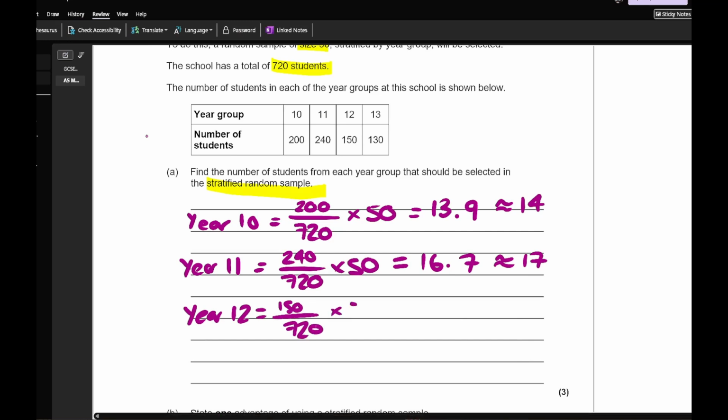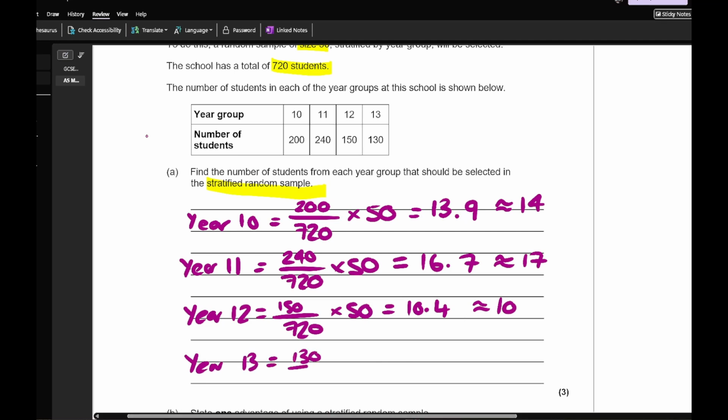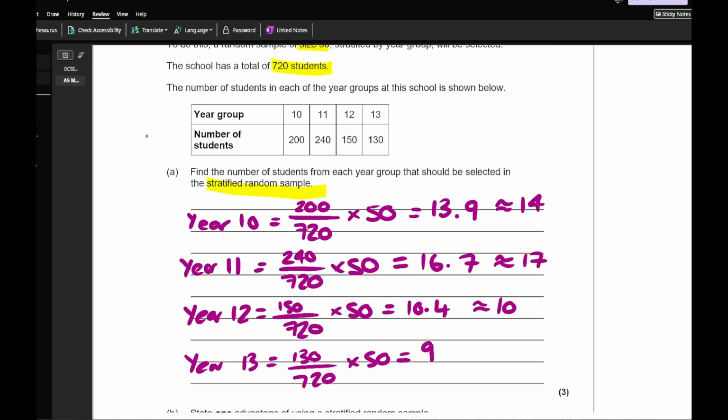Now I'd always include the working out for this. It's worth 3 marks, so doing it this way shouldn't take you more than 3 minutes, and that gives me 10.4, which is approximately 10. And then year 13 is 130 over 720 multiplied by 50, which gives me an answer of 9.